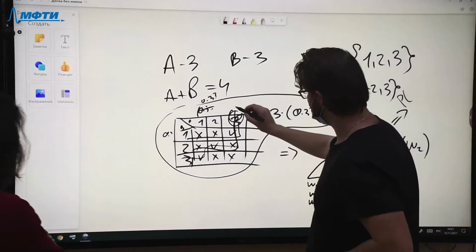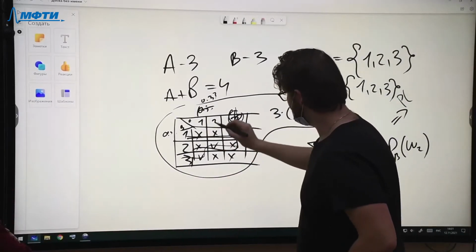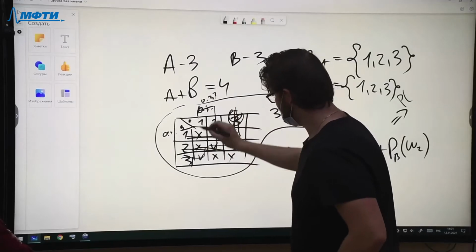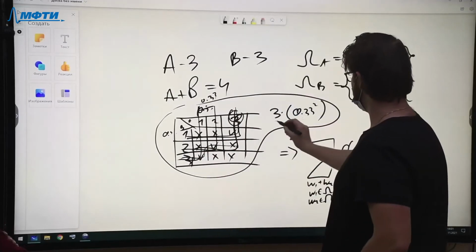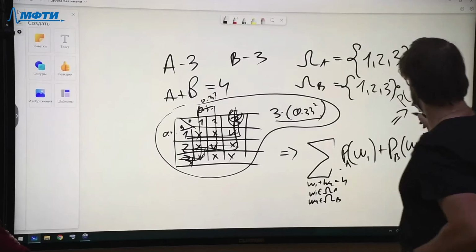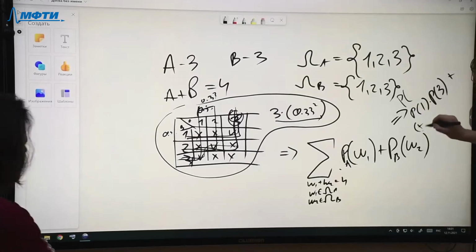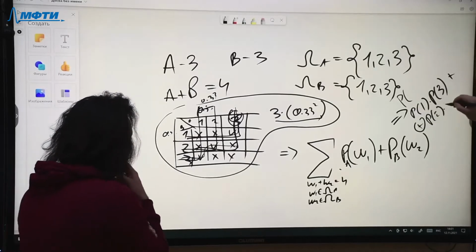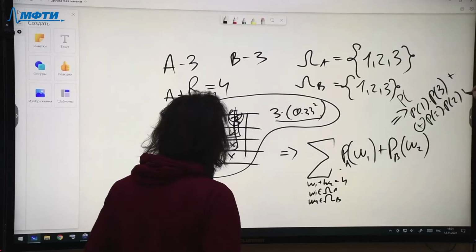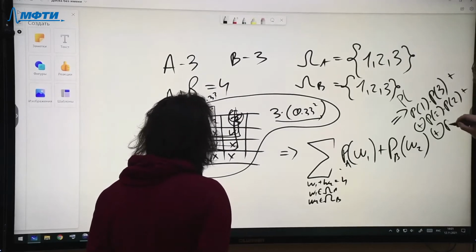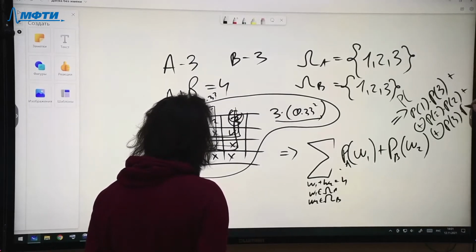It's going to be the sum of this plus this plus this, which gave us 3 times 0.33. So it's going to be equal to the probability of 1 multiplied by the probability of 3, plus the probability of 2 multiplied by the probability of 2, plus the probability of 3 multiplied by the probability of 1.